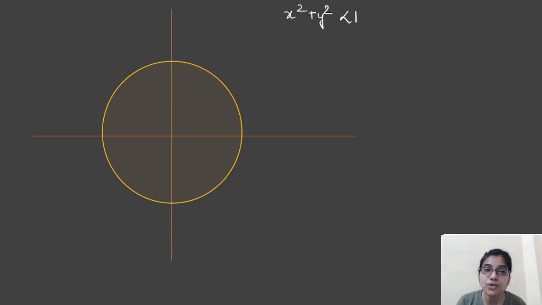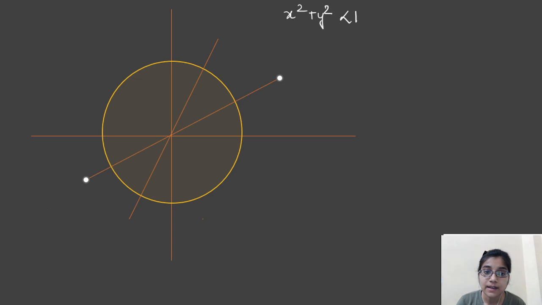Now we have to draw the two lines which I just explained. So what are those two lines? Let me just draw them. This is our first line, and this is our other line. Okay, that's it. Now we are very clear about what our region of integration is.